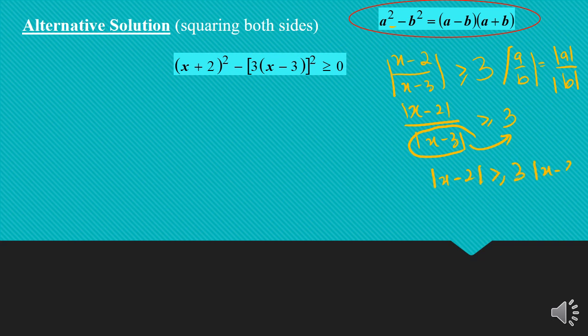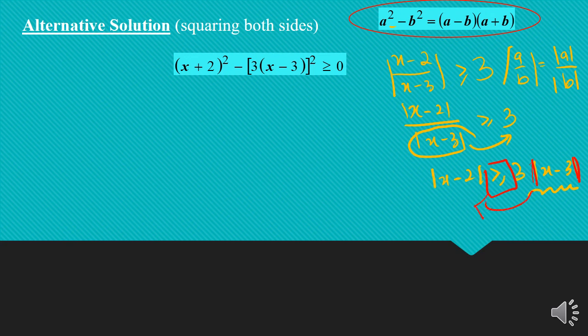Because this absolute of x minus 3 won't be a negative value, so we don't have to worry about the change of sign. This absolute notation will always be positive. That's why we can multiply with the absolute of x minus 3 on each side, and then bring to the left hand side.